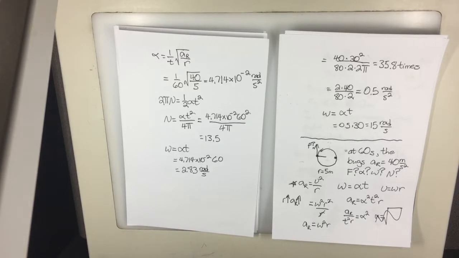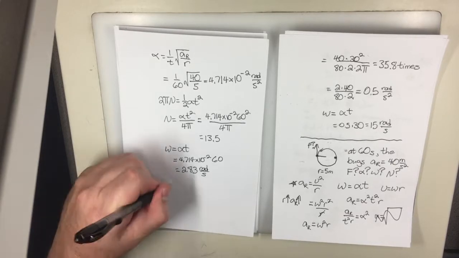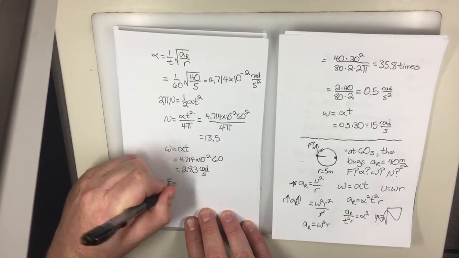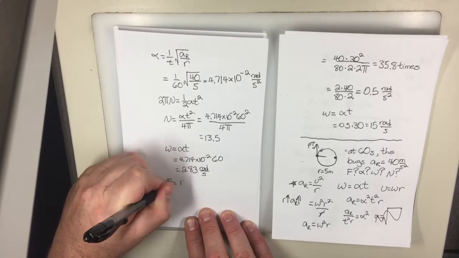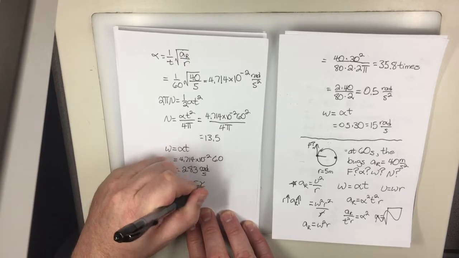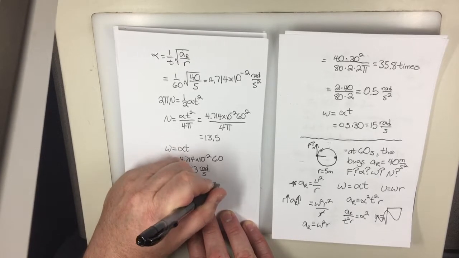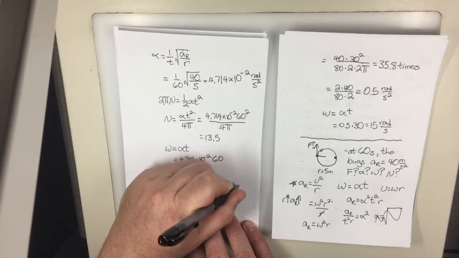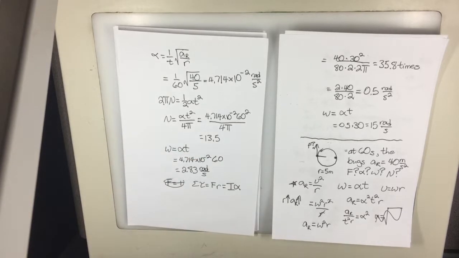The last thing is to find the force. Well, force is equal to, actually, sum of the torques, which is equal to Fr, is equal to I alpha. I know what my alpha is. We found that.